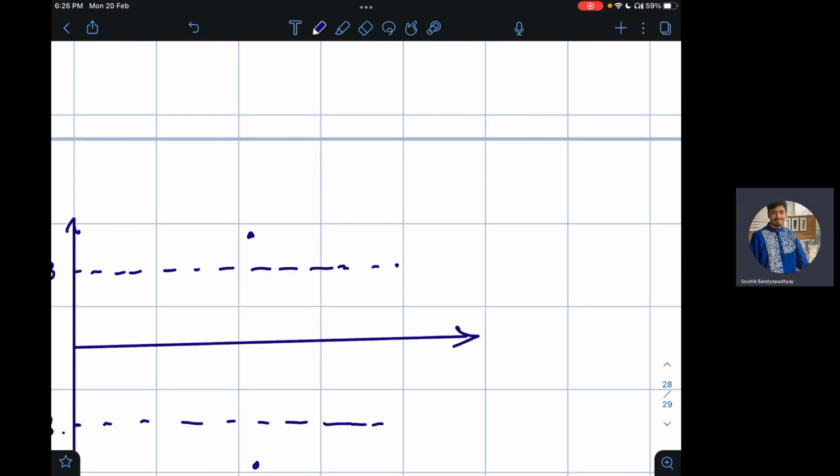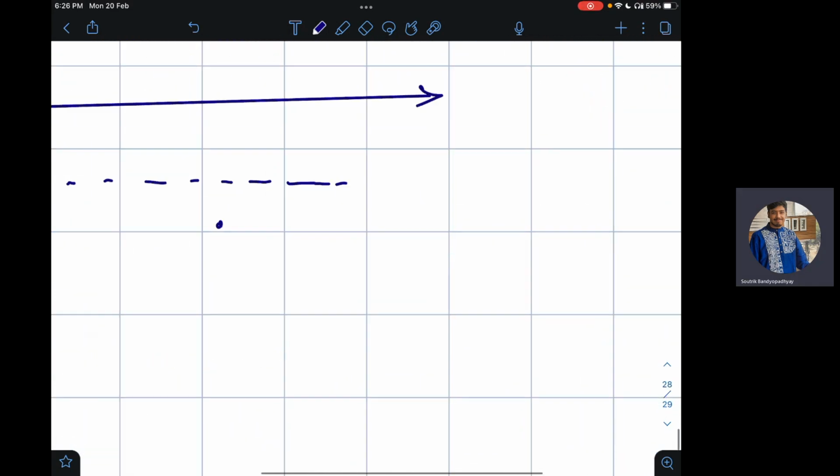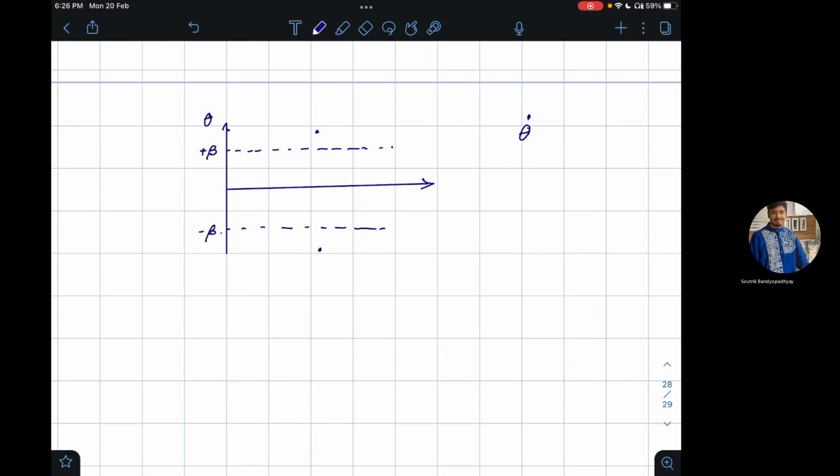So if that is the case, then we have to look at how theta is changing, so theta dot, how it is changing in the unconstrained setting.